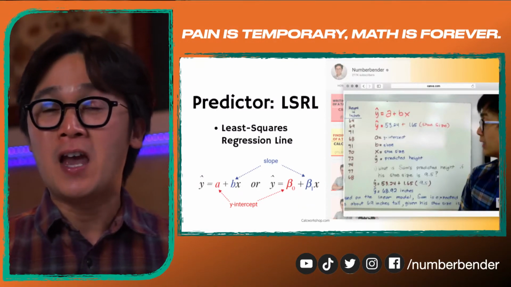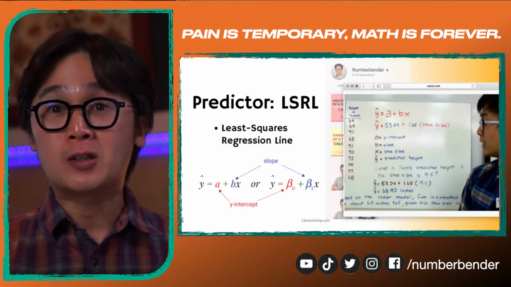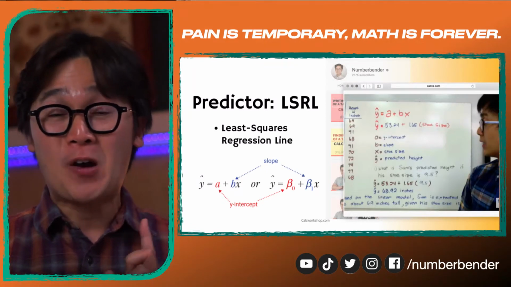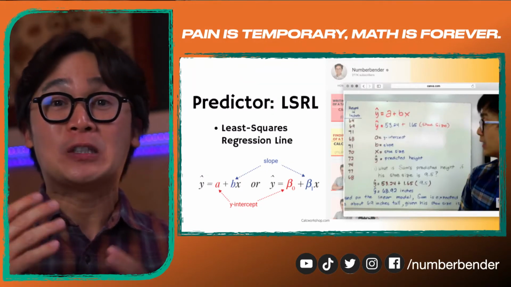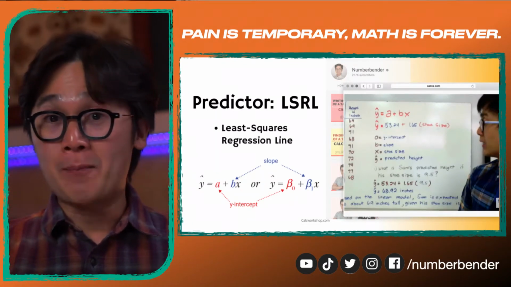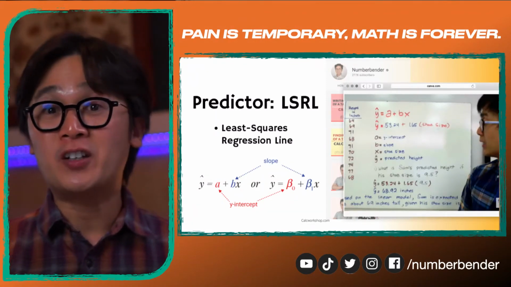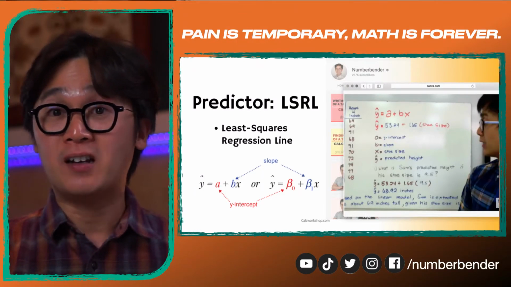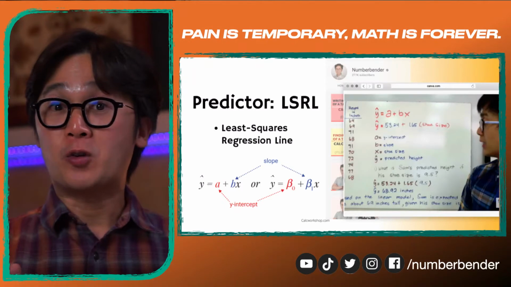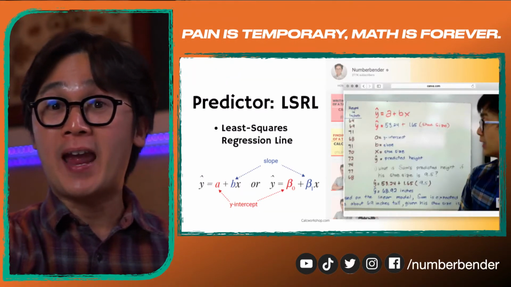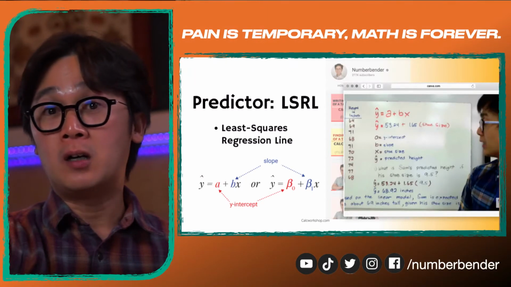Using an LSRL, we'll be able to predict your future statistics grade based on the number of hours that you sleep at night. That is how exciting this topic is. The formula for predicting an outcome, the LSRL, is y hat equals a plus bx, where a is our y-intercept and b is our slope. That is what we're going to be working on today.